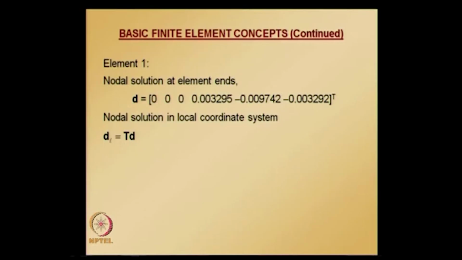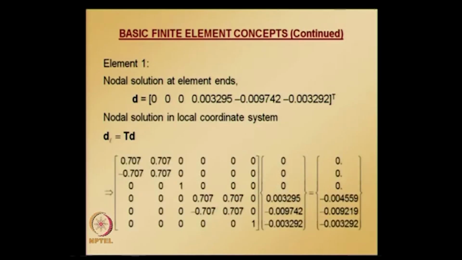So, the nodal solution in the local coordinate system, because when we are calculating axial force, shear force and bending moment, we require local nodal values in the local coordinate system.